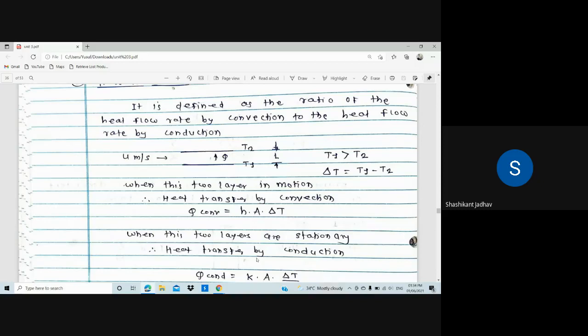So for these two conditions we have to write down the equation, and the ratio of those two equations is nothing but Nusselt number.